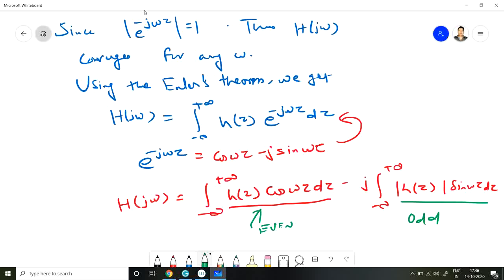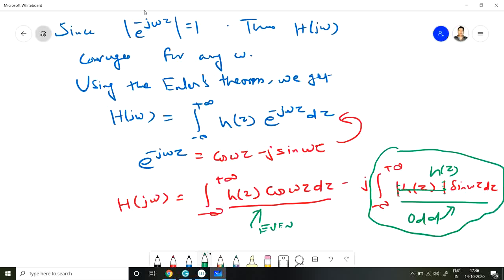The modulus is not there, it is simply h(tau). So this integral is 0, by the integration property of odd functions.